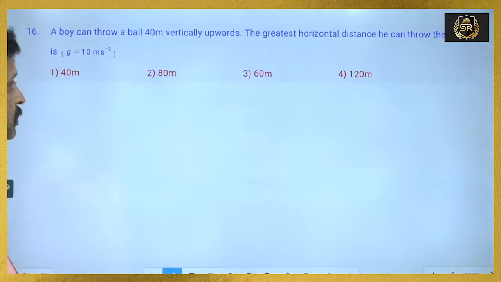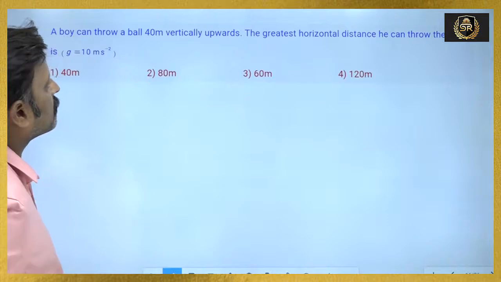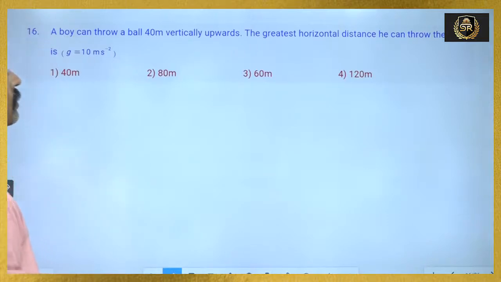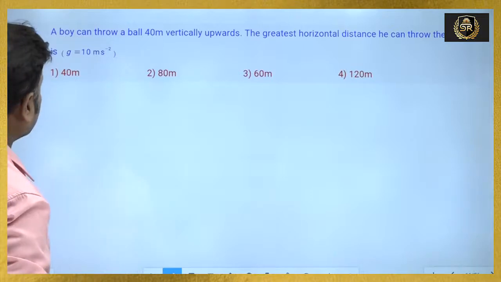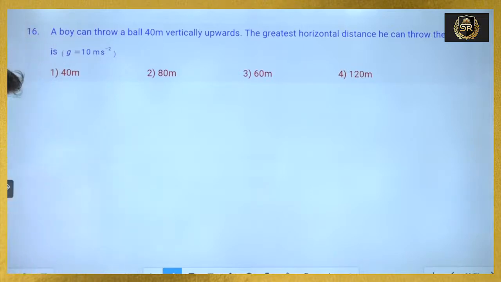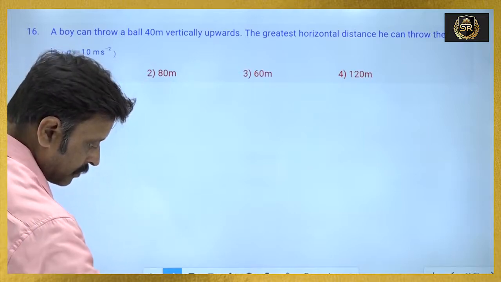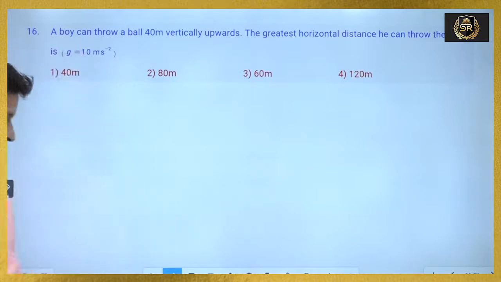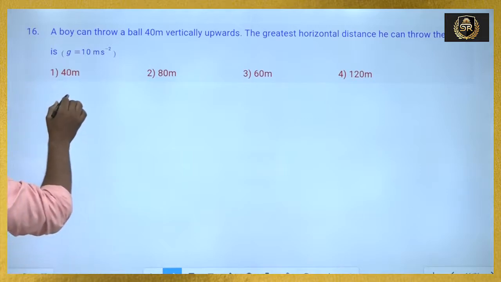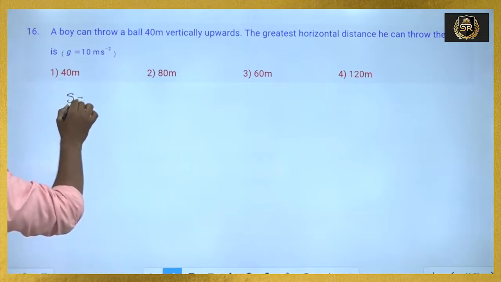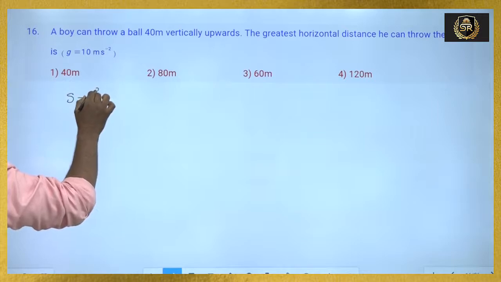Question number 16, a boy can throw a ball 40 meters vertically upwards. The greatest horizontal distance he can throw the ball is. In this problem, you are asked to take the value of g as 10 meter per second square. See, you know, maximum height H is equal to u square by 2g, no?